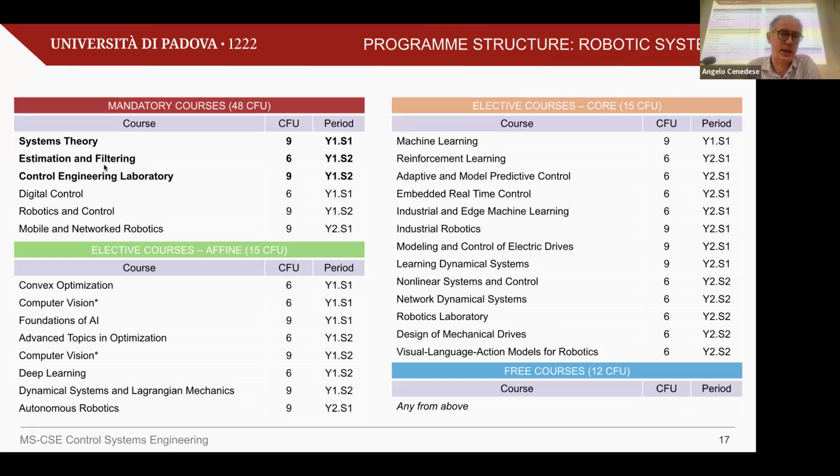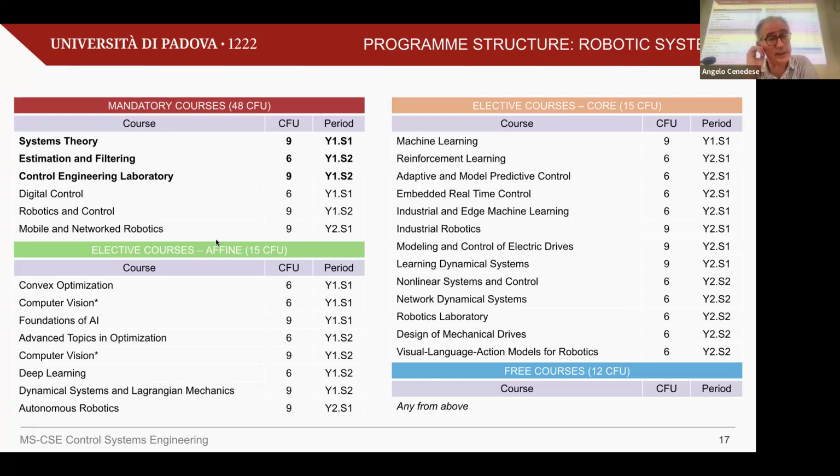So the three already mentioned courses, then our modern digital control, and then the two courses that I mentioned before, robotics and control, so manipulators, and mobile and network robotics, so autonomous vehicles, terrestrial, aerial, space vehicles, and network robotics. This is the core of our mandatory curriculum, so our 6 mandatory courses.